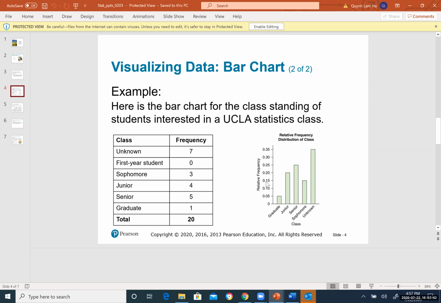Relative frequency will be percent right here. So 0.35 represents 35% of the unknown students taking the stat class. And this column represents about 15% of the students of the whole class. They are sophomores taking the statistics class, and so on.